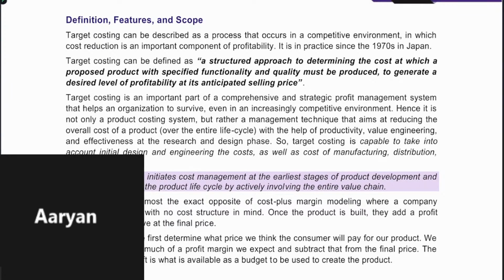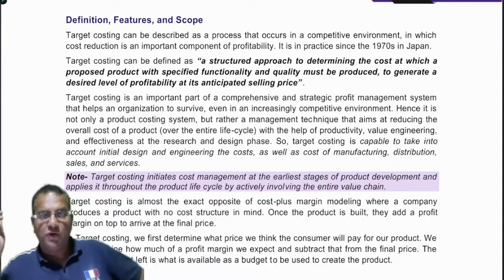Please communicate your doubt, beta, in case you are having any. Otherwise, we will be writing what are these steps in target costing. Okay, I have not received any doubt.